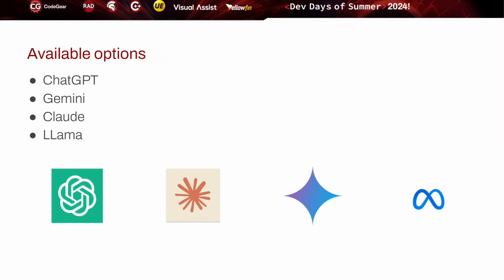So the available options: we have many LLMs that we can use today. I will not do a benchmark here or compare one against another. I will just show you these four that are the LLMs that I use the most. Gemini from Google, ChatGPT from OpenAI, Claude from Anthropic, and Llama from Meta. These are the four LLMs that I have the most contact with.